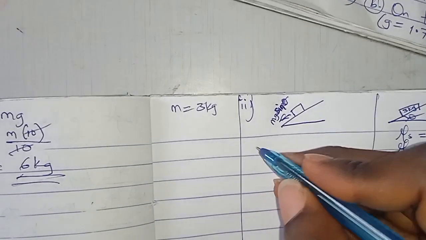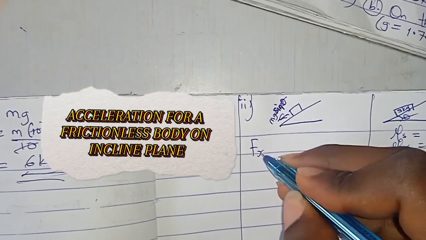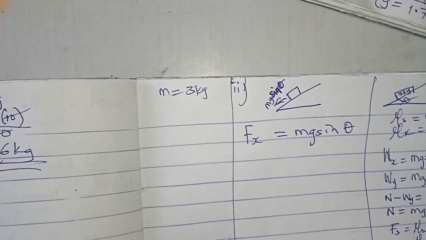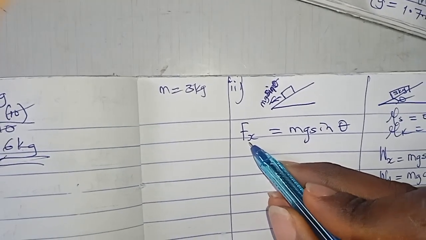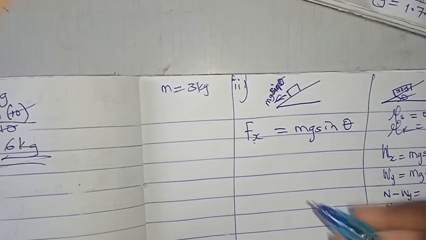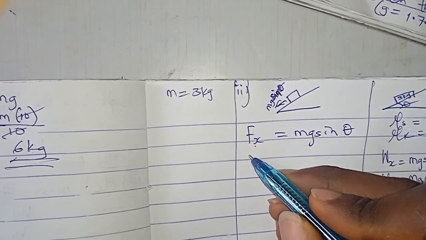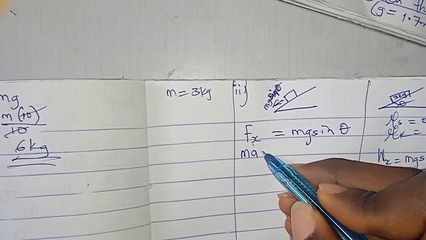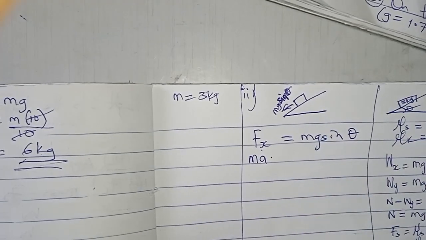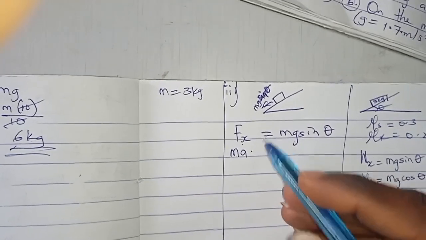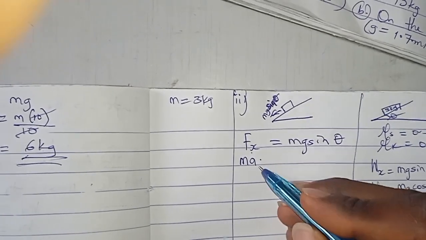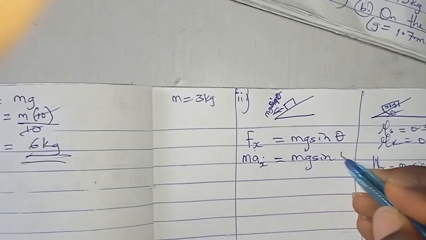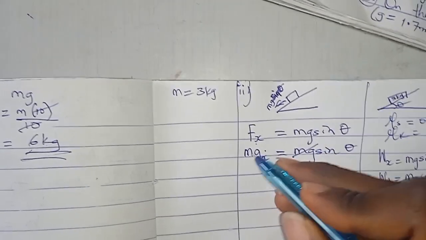So we can now say the force on the x-axis is equal to mg sine theta, and we know that the force on the x-axis is the same thing as ma, so ma is equal to mg sine theta. So this can cancel this.